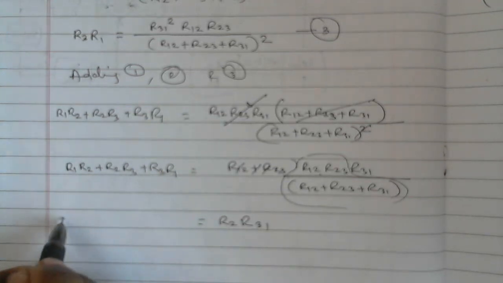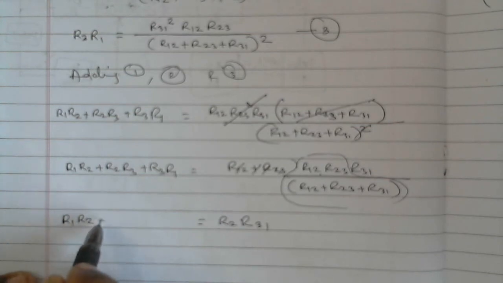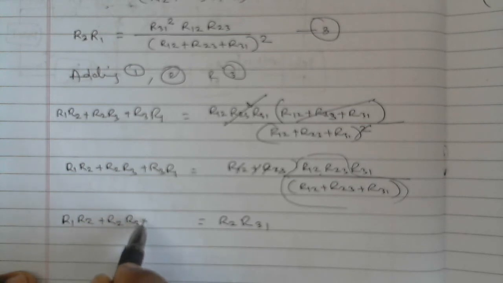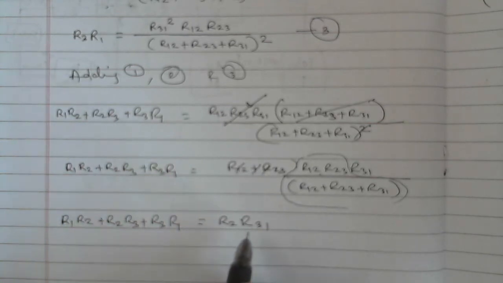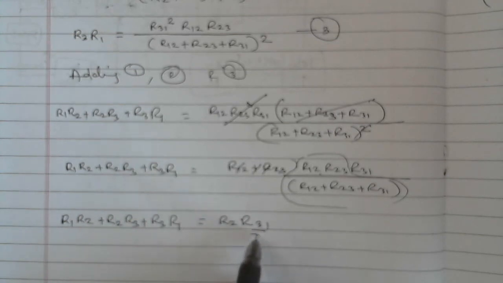Okay. So the left hand side is the same: R1 R2 plus R2 R3 plus R3 R1. Right? Now if I rearrange this equation for this particular R31, let's see what I get.